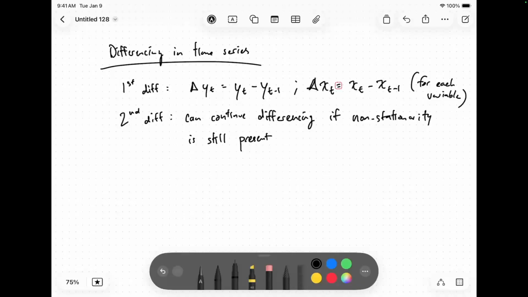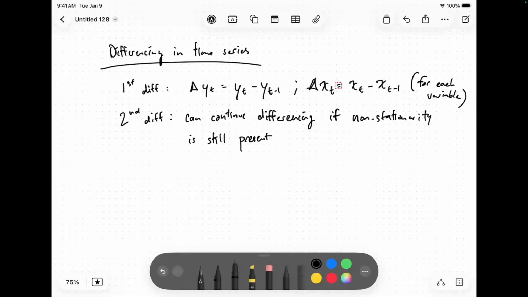And you could do other versions of differencing, like seasonal differencing, for example. There are other patterns of differencing, but the most common is just period against period differencing.